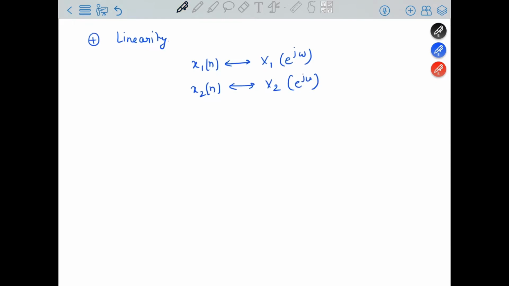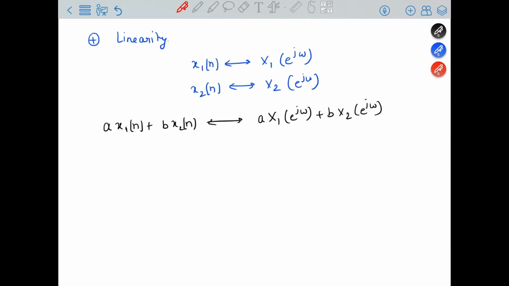This property states that the Fourier transform of a x1[n] plus b x2[n] is equivalent to small a multiplied with X1 of e raised to the power j omega plus small b multiplied with X2 of e raised to the power j omega.